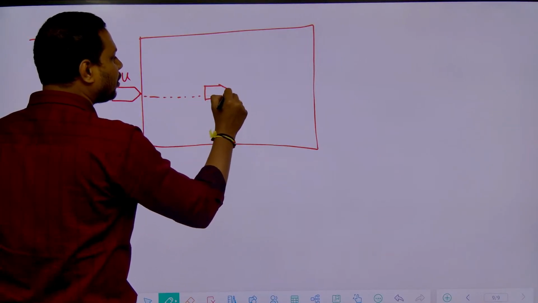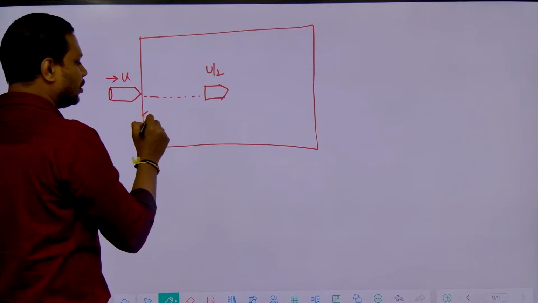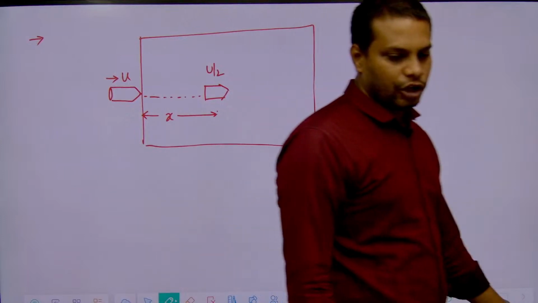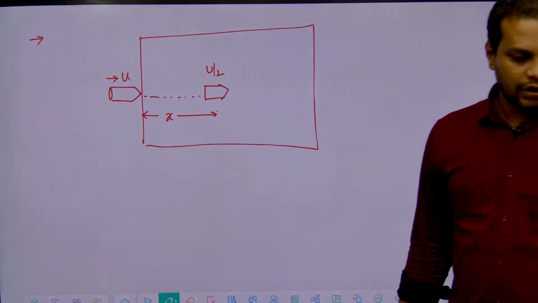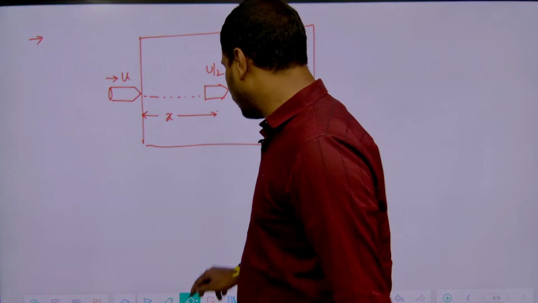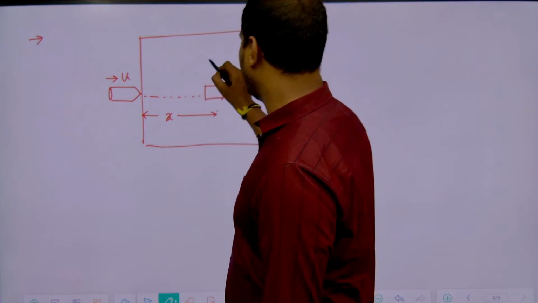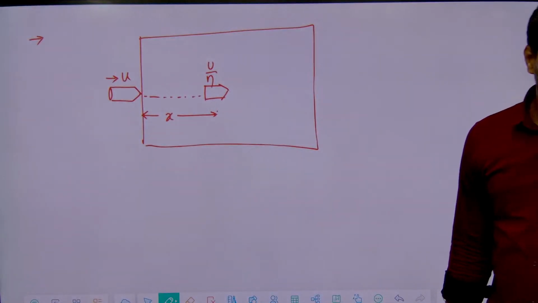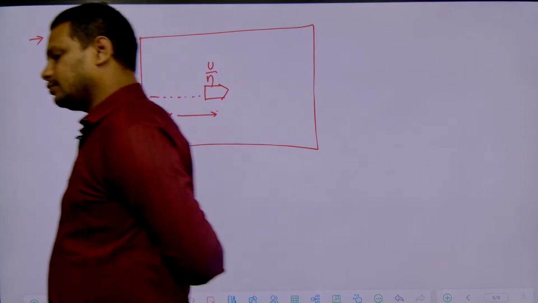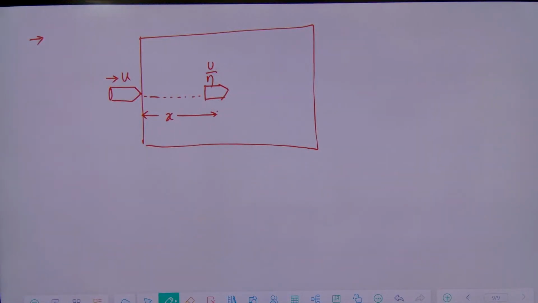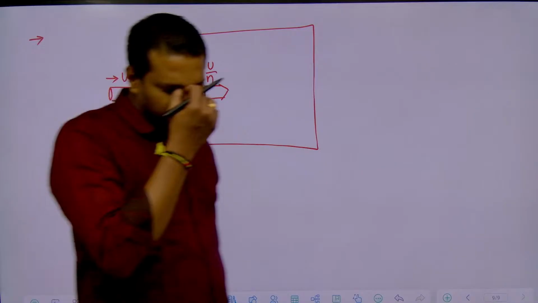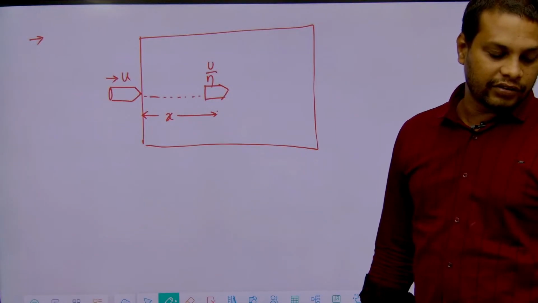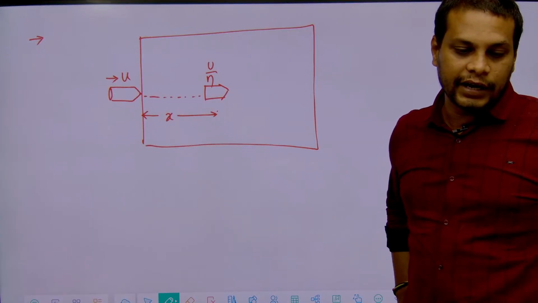Its velocity becomes u by n, u by n for any number. U by n after penetrating through a distance x.